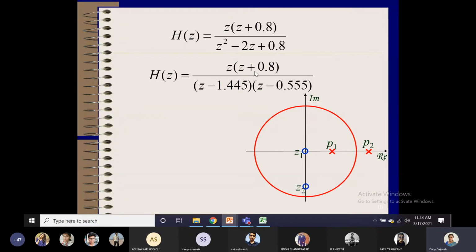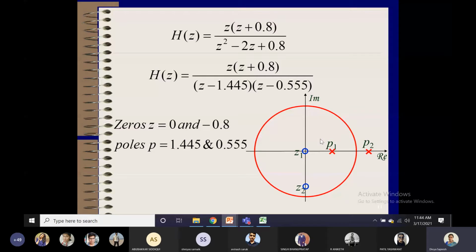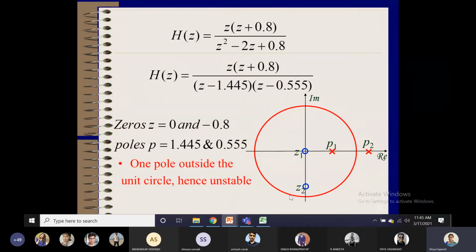So equating numerator to 0, you will get z as 0 and z as minus 0.8, and denominator equating to 0, you will get 1.445 and 0.45. So we found out that one of the poles is lying outside the unit circle. So you will come to the conclusion that since the pole is outside the circle, the system is unstable.